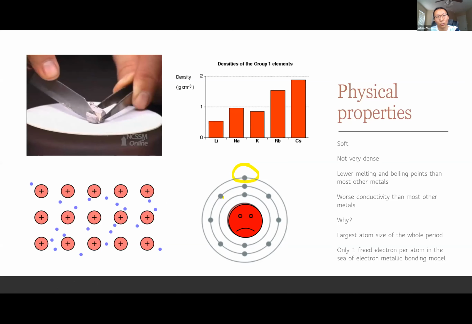But since there's only one valence electron, it's like using less glue versus more glue, so it's not going to be as effective. That's why it's super soft, and why you have lower melting and boiling points, because the atoms aren't really held closely together.